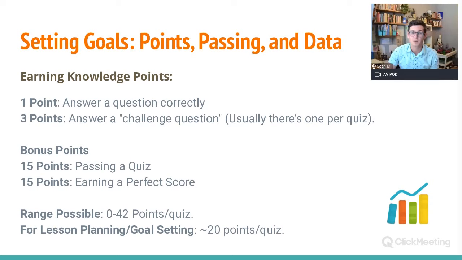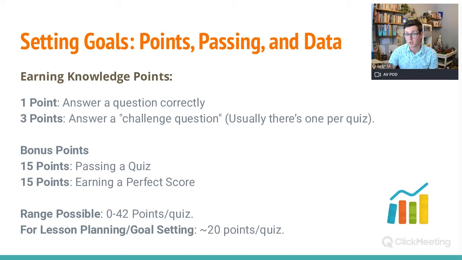We will also have bonus points, and this is where the majority of their points will come from. When you pass a quiz, you get 15 points. Now, our average quiz has about 7 questions. So if you're doing the math and following along, a student can earn maybe 9 points just by answering the questions. But if they pass the quiz, they're going to be able to earn an additional 15.